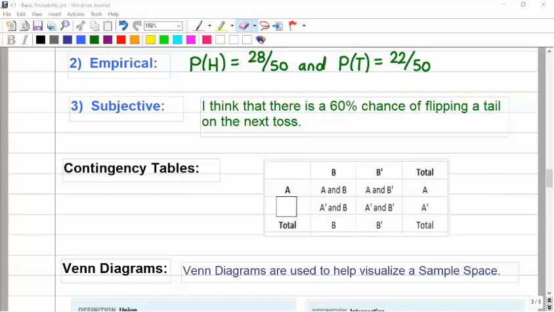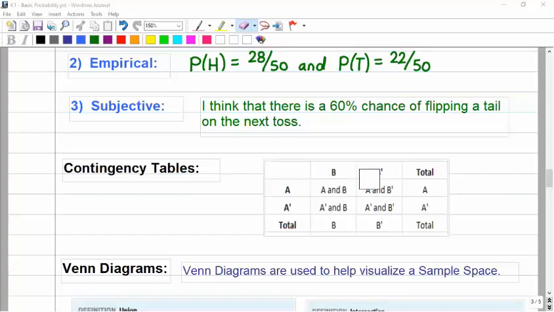We have A, and these could actually have more than two things. They can have more than two across, but what I labeled them as A. And if there's only two items, whatever is not A can be labeled as A prime. Remember the complement we talked about a little while ago? That would be the complement of A. And across the top, we have B and the complement of B, B prime.